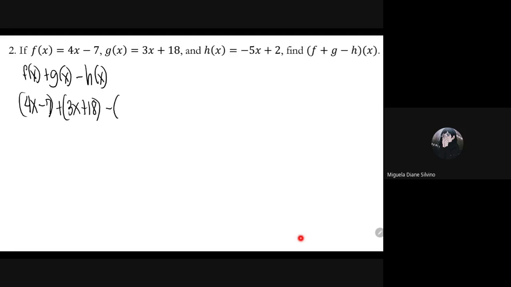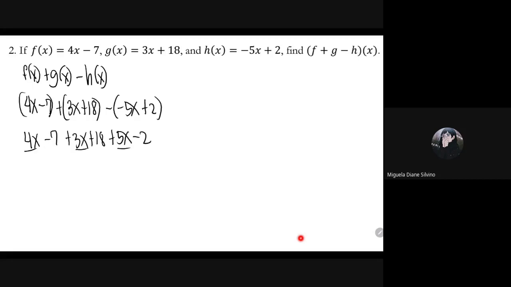I forgot to put parentheses. Minus negative 5x plus 2. So this will be 4x minus 7 plus 3x plus 18. You have to distribute the negative inside the parenthesis. Kaya siya magiging positive 5x minus 2.